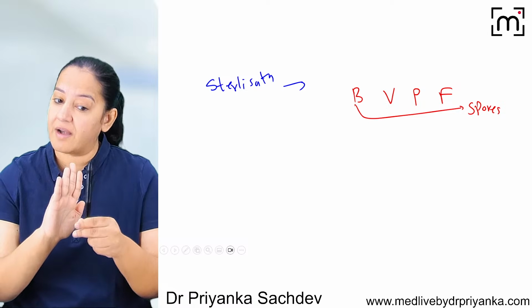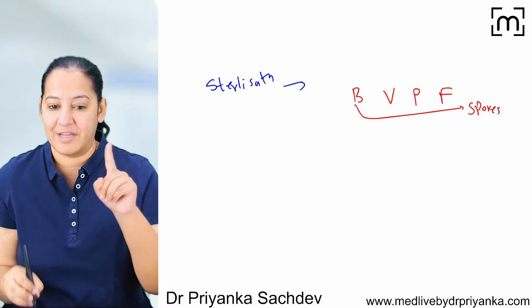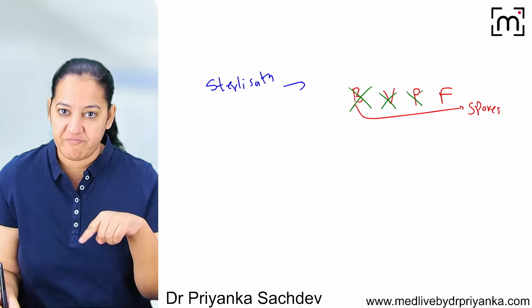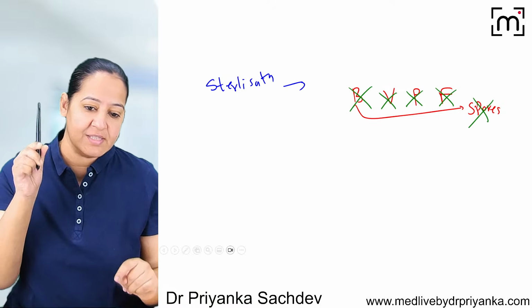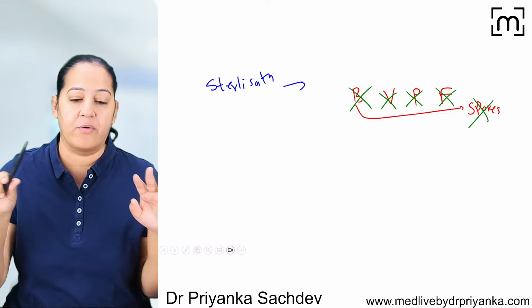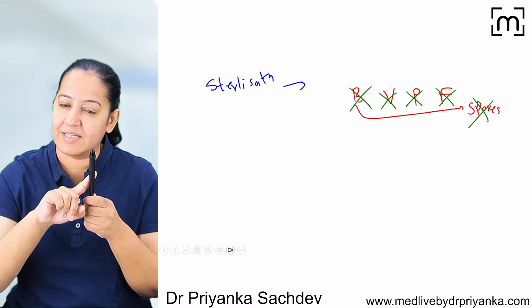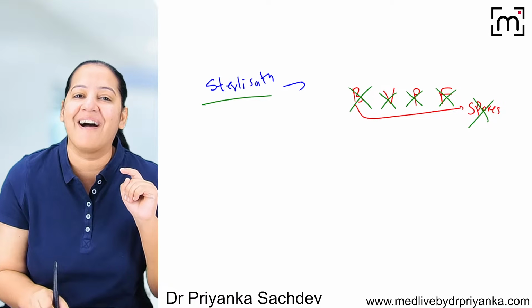If I want to sterilize this article, I want to kill all of them. I want this article to be free of bacteria, virus, parasite, fungus, and spores. If I have killed all the microorganisms present on the surface of this article, including the spores, I will say this article is sterilized.